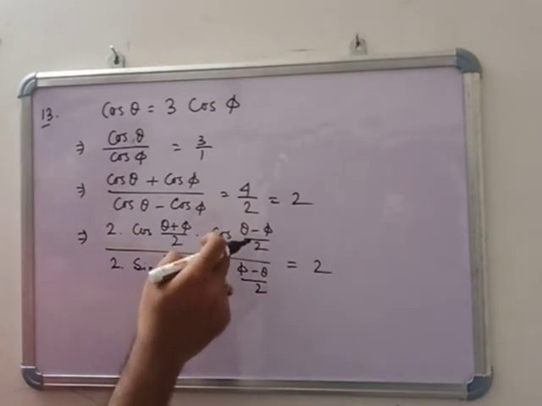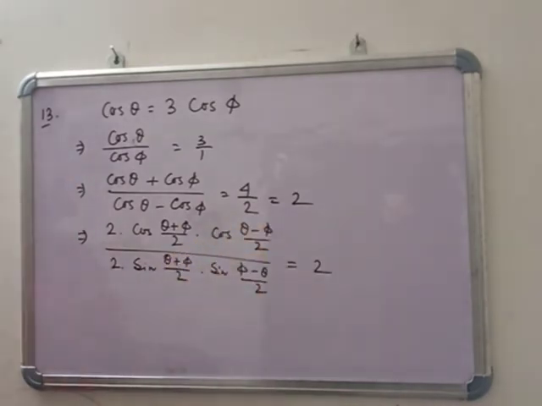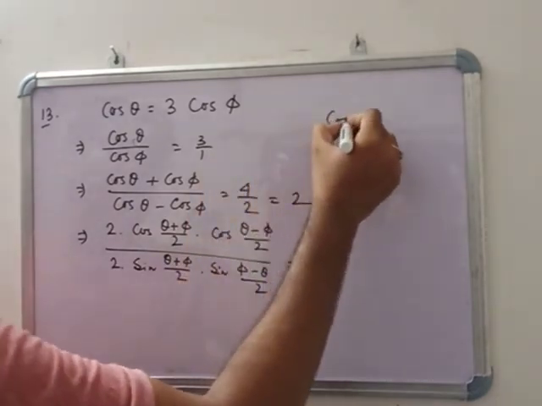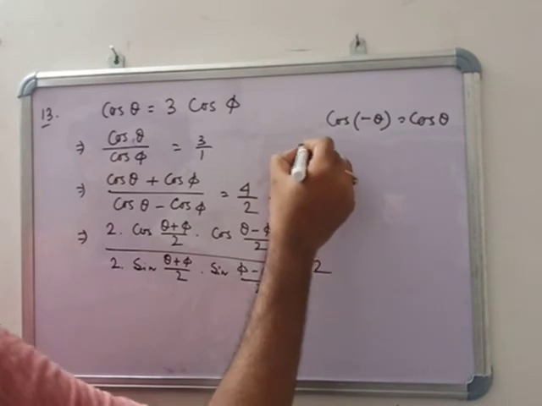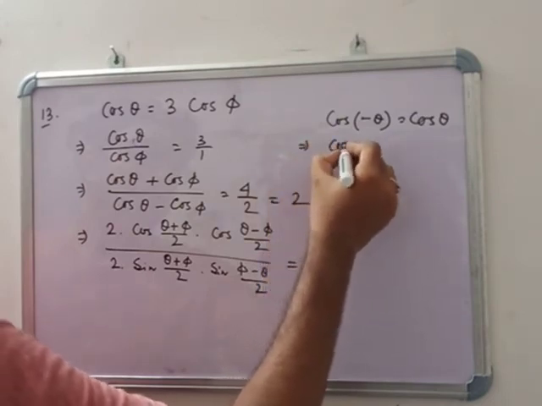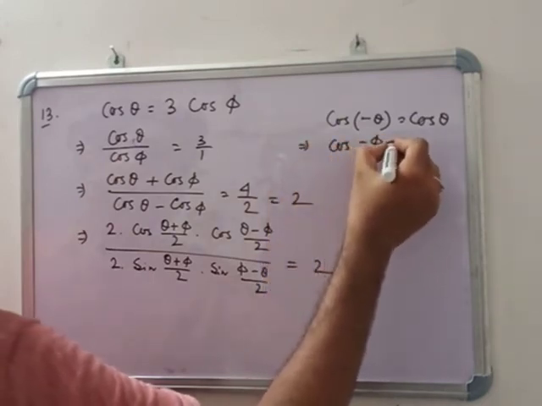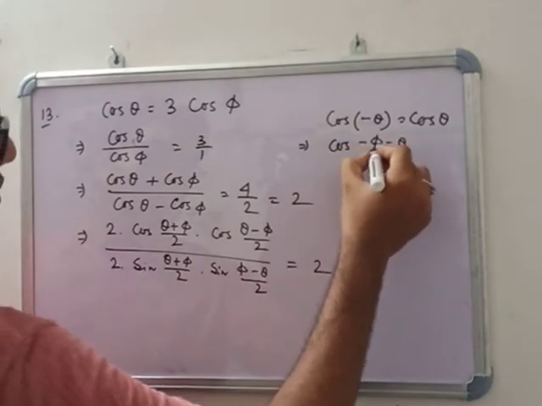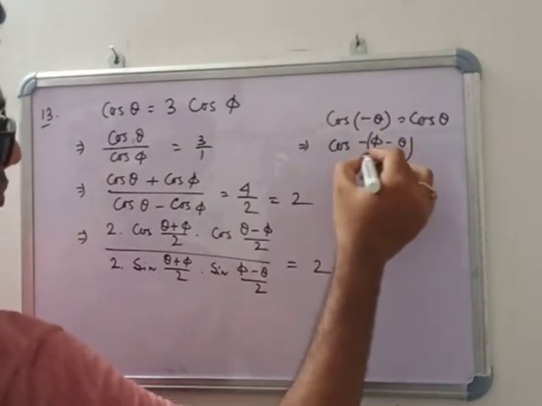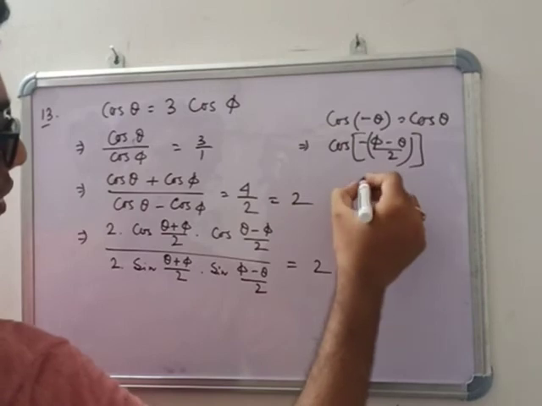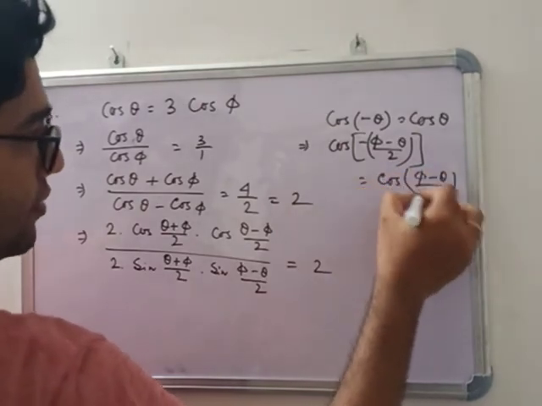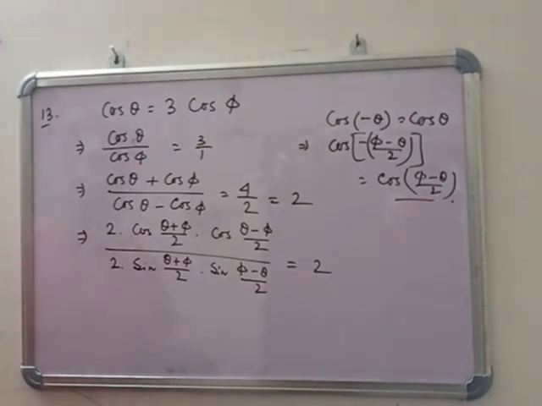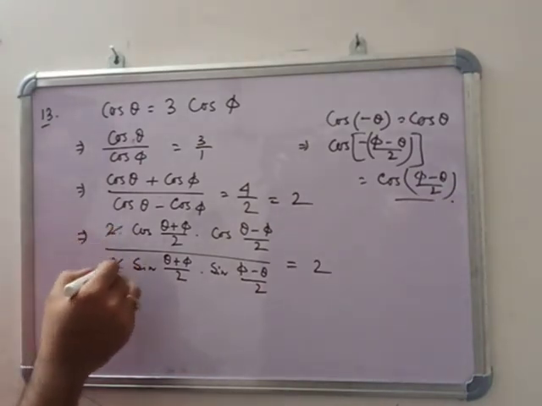So here cos of minus theta equals to cos theta. Okay. So we know that cos of minus theta equals to cos theta. Similarly, cos of minus theta by 2 equals to cos of phi minus theta by 2. Okay, so then these two are cancelled.